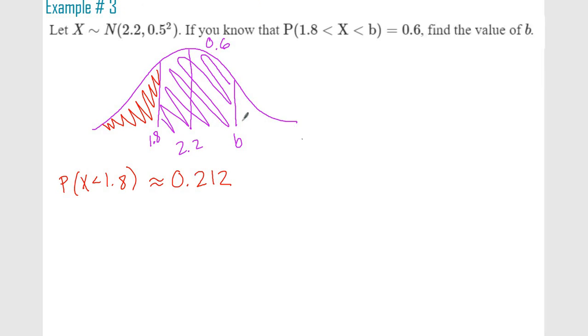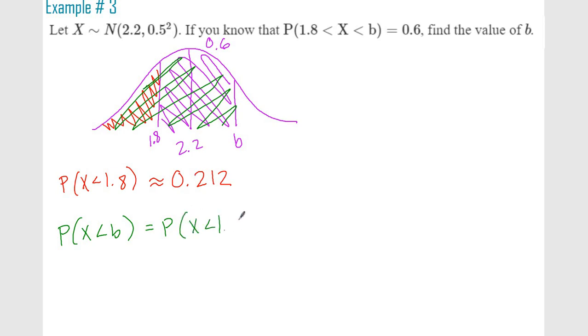All right, so now we know the probability of this green part. Stay with me here. The probability that x is less than b is just the probability of x being less than 1.8, the red part, plus the probability x is between 1.8 and b, the purple part.